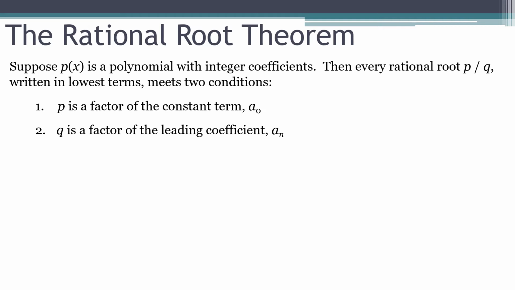Suppose p of x is a polynomial with integer coefficients. Then every rational root p over q, and this is our standard way of writing a rational number, right? So p and q first are going to be integers, and second, we're going to assume the fraction is reduced, that it's in lowest terms.